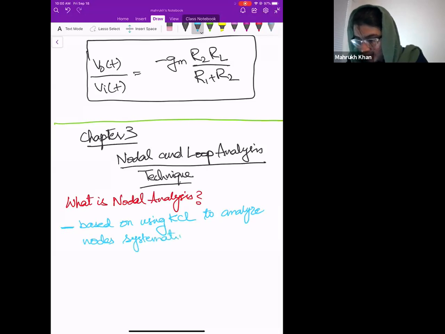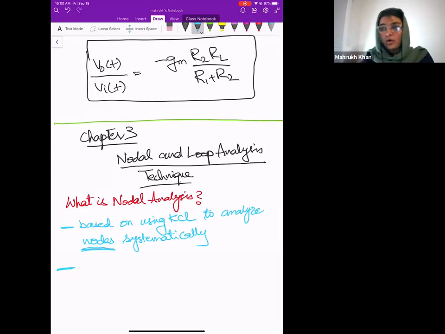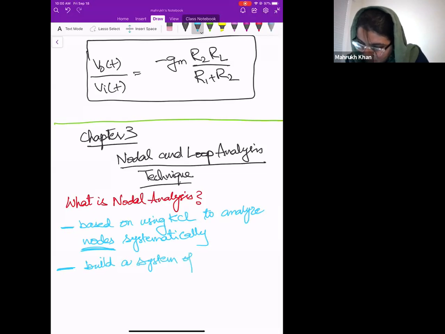We already have techniques from before, right? But as the circuit is getting complicated, we want to make them easier to solve. That's why we are introducing these systematic techniques. It builds a system of linear equations.